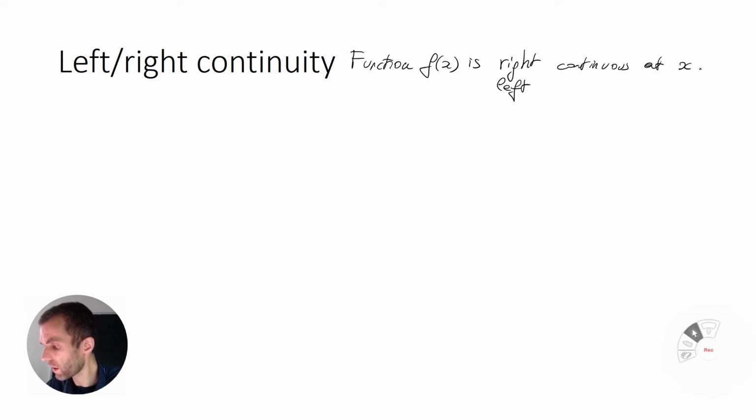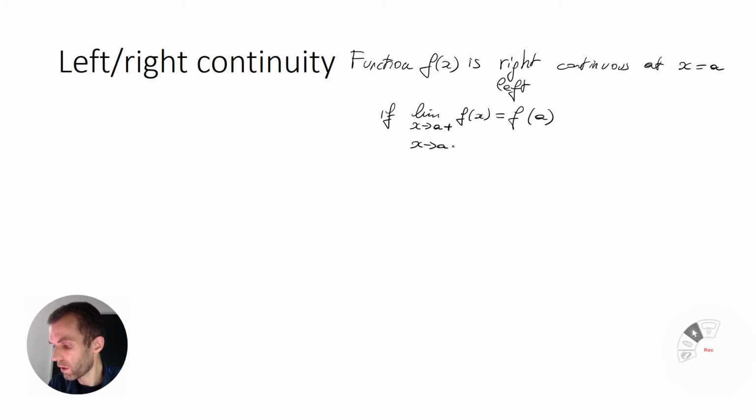at x is equal to a if, for right continuous, the limit for x going to a from the right hand side of f of x is equal to f of a, and for left continuous you have to go to a from the left side.